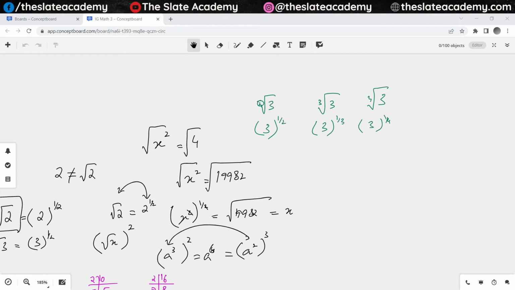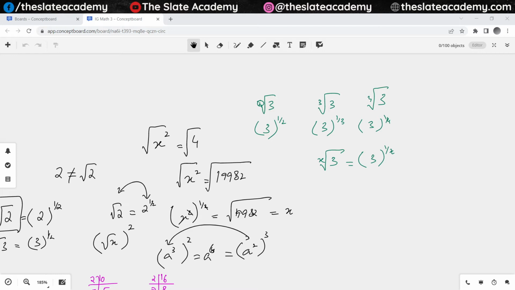So for example, I can write x root of 3, and if I want to express it as 3 to the power something, it will become 3 to the power 1 over x. Simple.